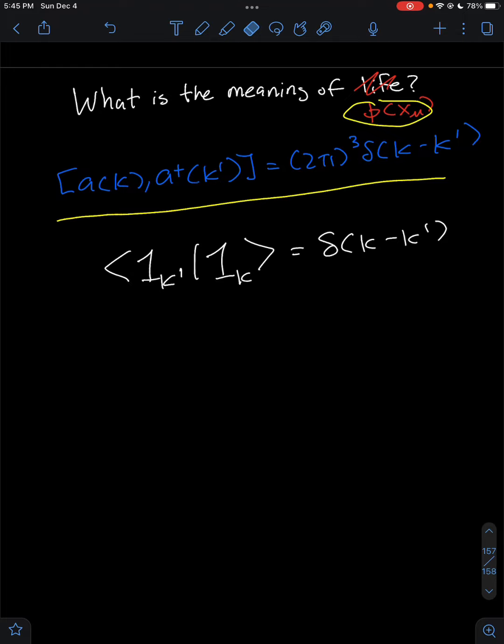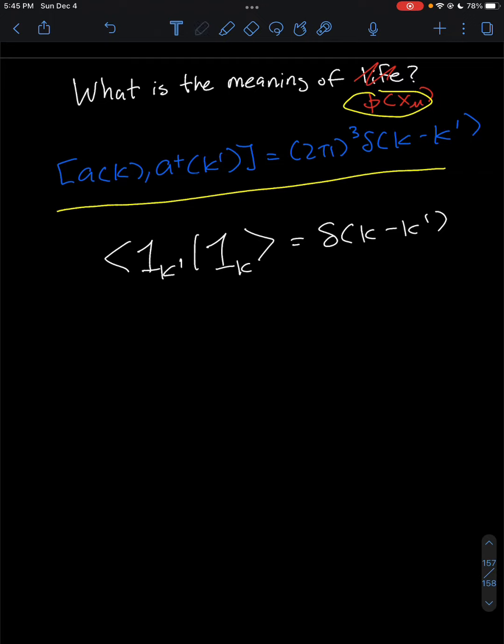So how would we actually evaluate this product? What we have to do here is recall that our momentum eigenstate is just a result of us acting on our vacuum state with the creation operator.